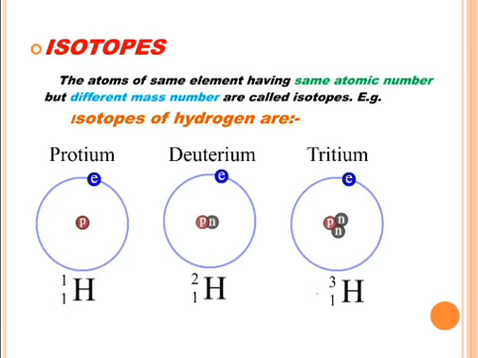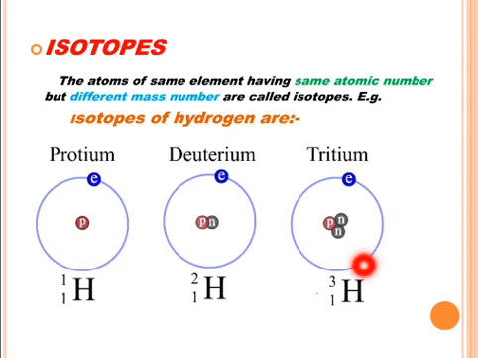Let us take the example of the element hydrogen. The same element hydrogen has three atomic species, namely protium, deuterium and tritium. Protium is represented as 1H1, deuterium is represented as 2H1, tritium is represented as 3H1.